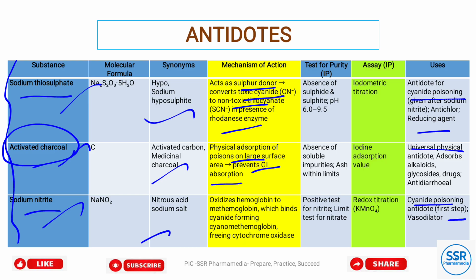Sodium nitrate acts to oxidize hemoglobin to methemoglobin, which binds cyanide ions, and cyanomethemoglobin frees cytochrome oxidase. These are all the tests for purity for each compound and assay of these compounds.